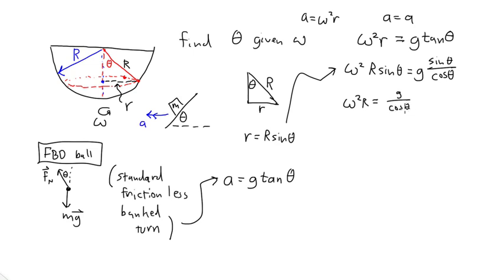Now I multiply the cosine theta over and bring this underneath, and get cosine theta equals g over omega squared R. And now theta is going to be inverse cosine of g over omega squared R.